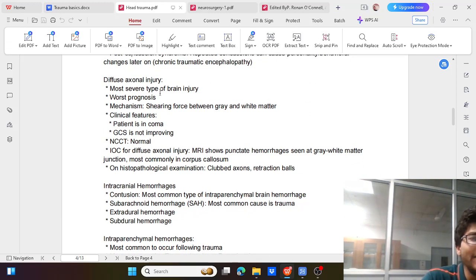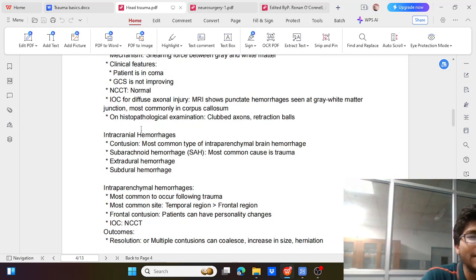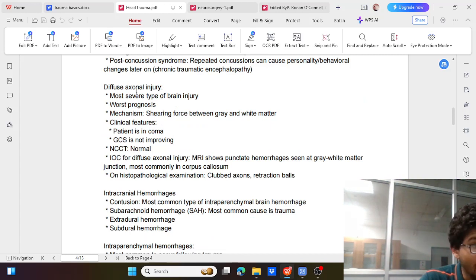Then we have diffuse axonal injury, which is the most severe form of brain injury and has the worst prognosis. What happens here is there is shearing force between gray and white matter. Clinically the patient is in full loss of consciousness, that is coma, and GCS is not improving over time. And the CT scan is normal. So how do we go ahead?